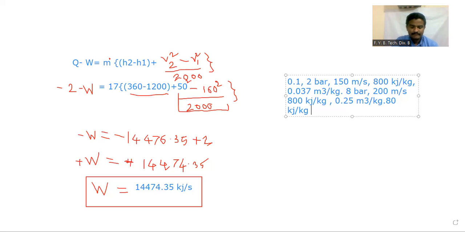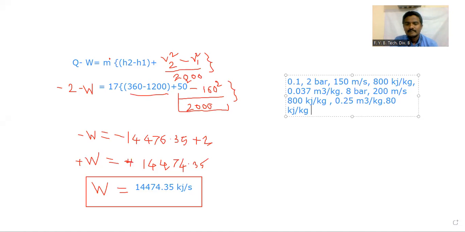If fluid receives 80 kilojoule per kg of heat when passing through the system, it rises by 60 meter, determine work done during the process.